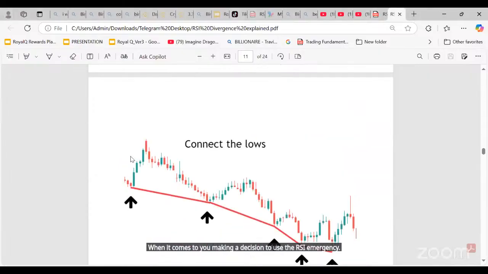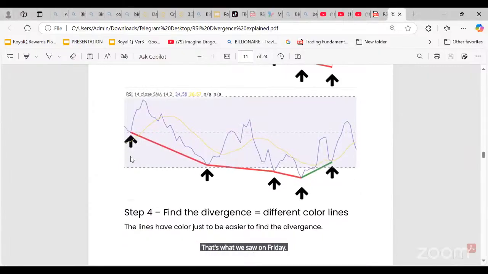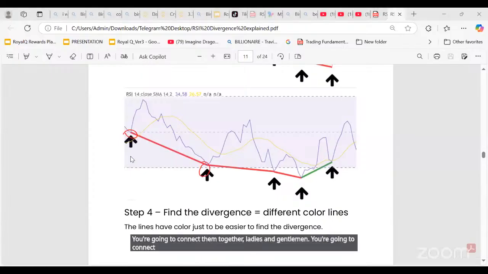That's what we saw on Friday, and we insisted and gave an example that you're going to connect these points together, those V's. You're going to connect them together, ladies and gentlemen. You connect this one to this one, this one to this one.